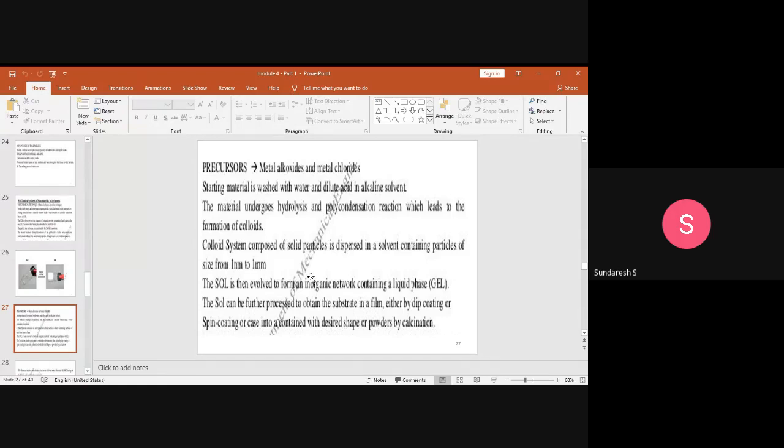Just imagine, 1 nanometer to 1 millimeter. The sol is evolved to form an inorganic network containing the liquid phase called gel. Okay.